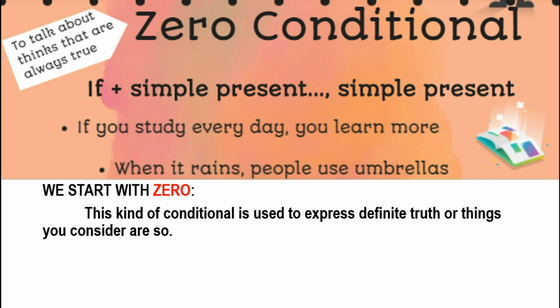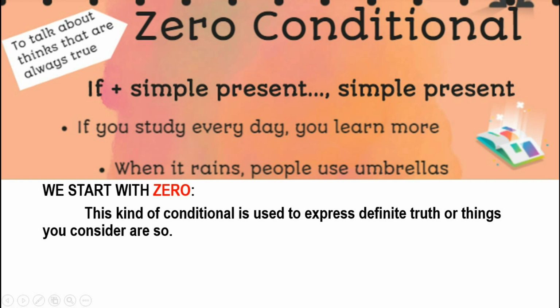So we start with 0. This kind of conditional is used to express definite truth or things you consider are so. And this last part is very important for what I meant before.